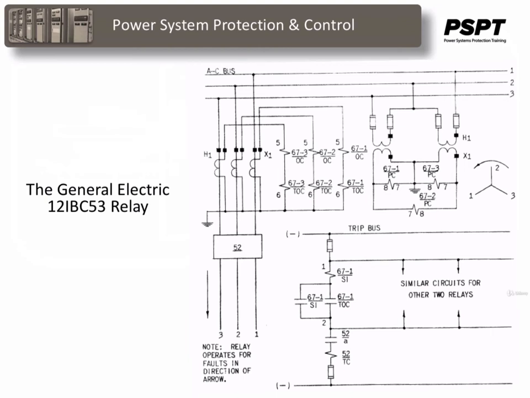Because of the directional element, we need one relay for each phase that we are protecting in the feeder or the line. Notice that the PTs are connected phase to phase, but the relay coils are connected in star, creating their own neutral, providing the directional unit phase to neutral voltage that is required to measure the direction of the current flow.